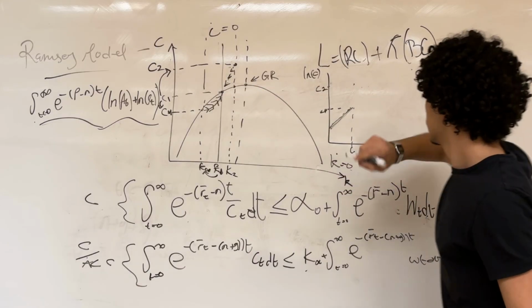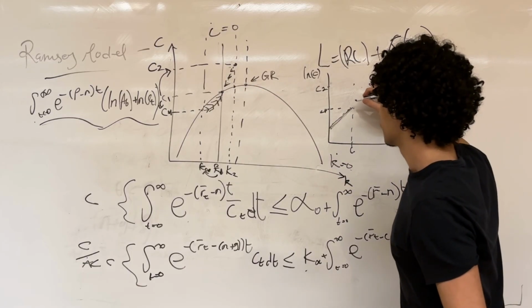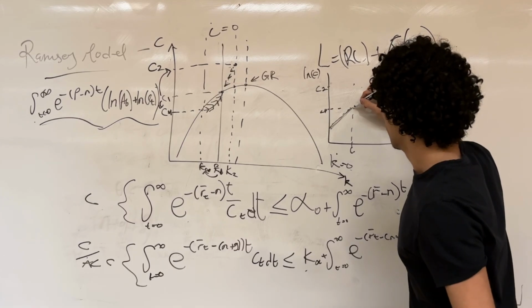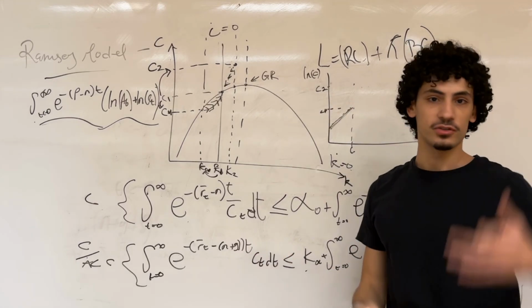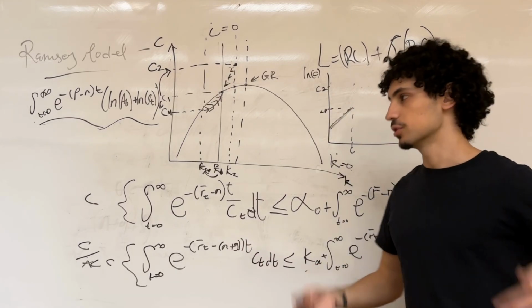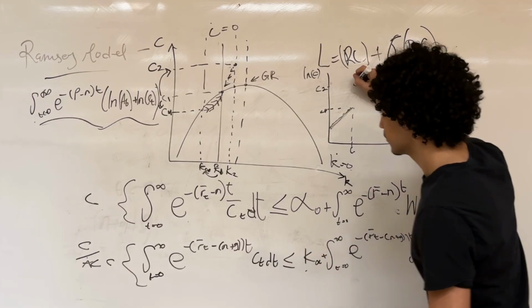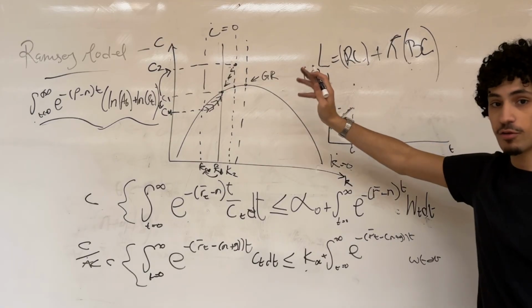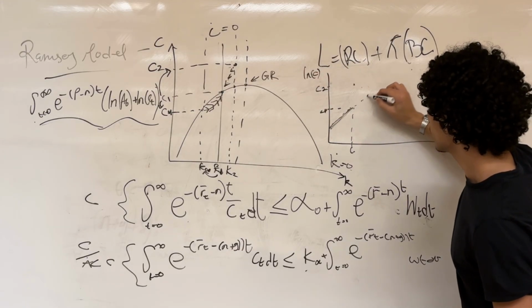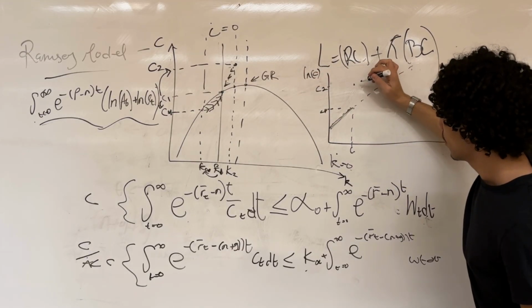K1, C1, and then we decide, okay, here. We want to consume a lot because R is down. We're impatient. We want to consume now. So we start from here. We love the consumption. The normal level should have been like this.